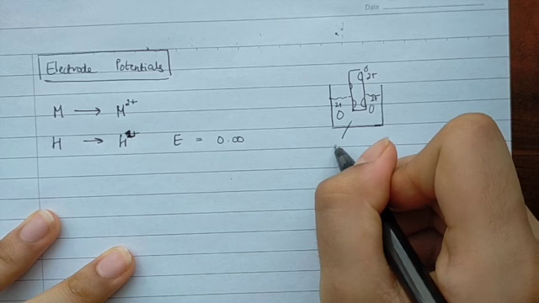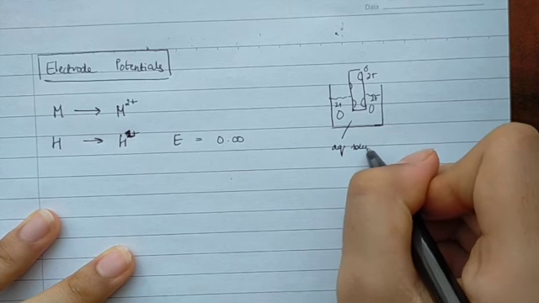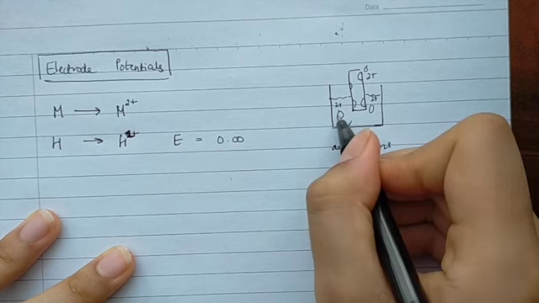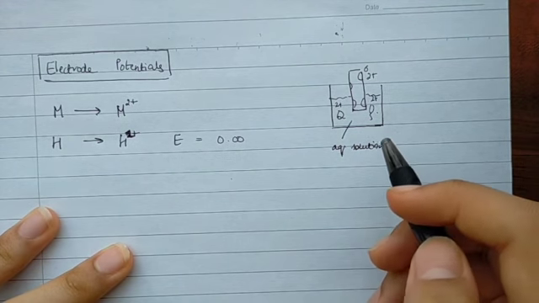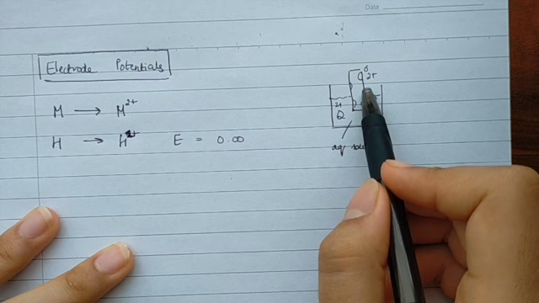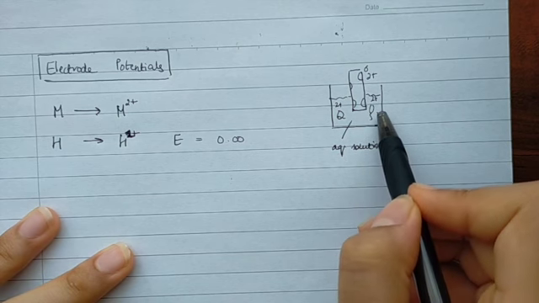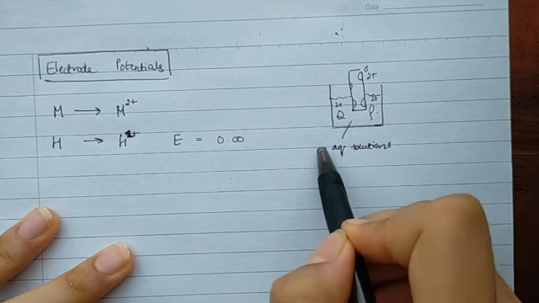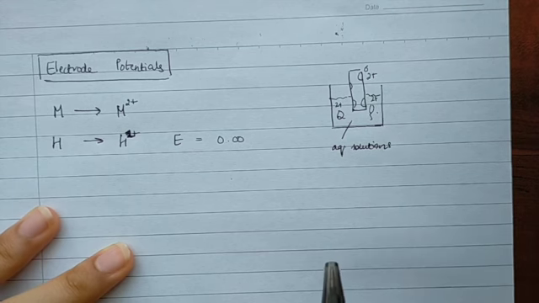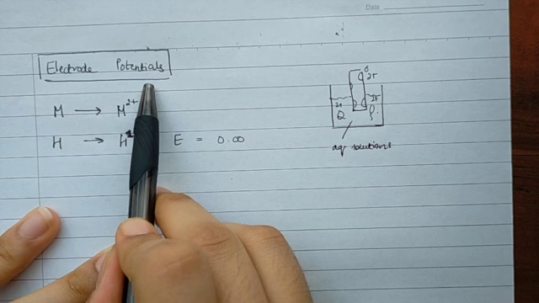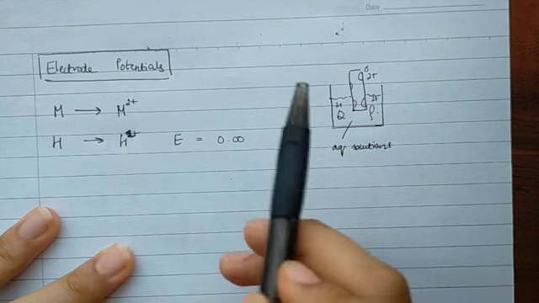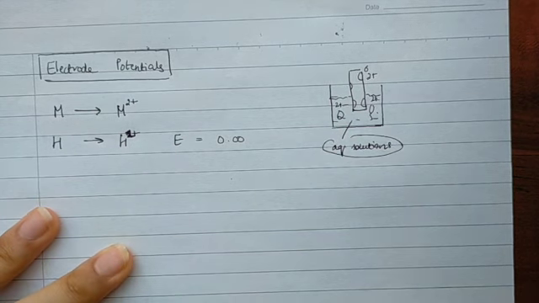So the solution will become an aqueous solution with magnesium ions, and these magnesium ions dissolve. There will be a tendency for the magnesium atoms to shed electrons and go into the solution as magnesium ions. And that tendency is measured by the electrode potential.